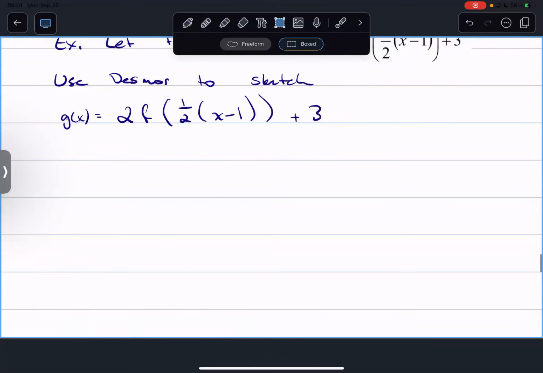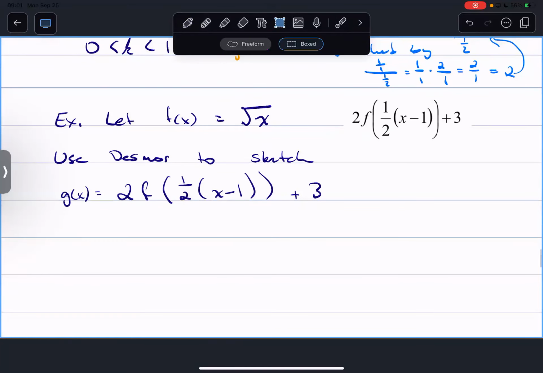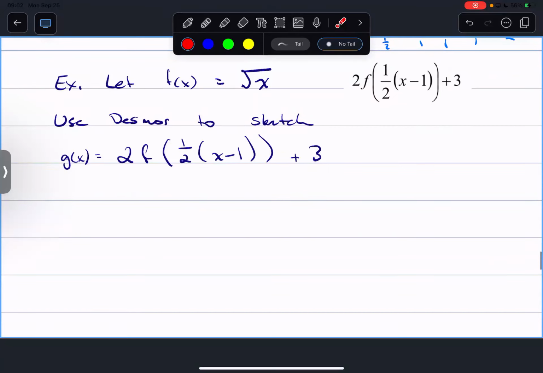Then I'm gonna do that. Okay. So again, the step that I have to do between here and Desmos is I have to take this function f of x and use it in here, right? And apply this transformation to the root of x. Everything inside the function is going to go in the square root.